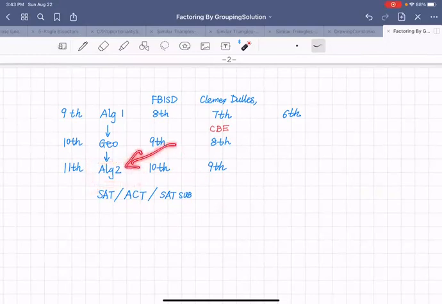Especially at Dulles Academy and Clements, it is an extremely hard class. To survive it, not to mention getting 90 points or above, even getting 80 points in this pre-AP class is really, really tough, okay?